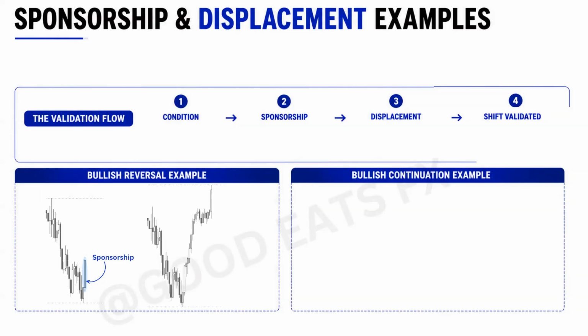Now, the rest of the example shows that not only does price shift structure above this high after taking out a low, but this large movement with consecutive up candles above that swing high is the displacement.